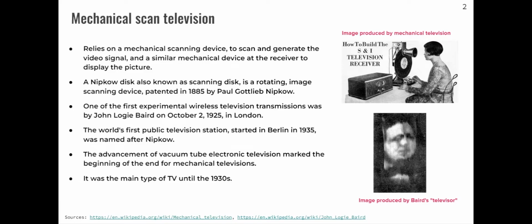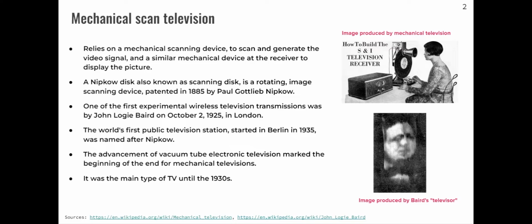So, it was discovered by Paul Nipkow. So, mechanical scanning methods were used in the earliest experimental televisions in the 1920s and 1930s. One of the first experimental wireless television transmissions was done by John Logie Baird on October 2, 1925 in London.